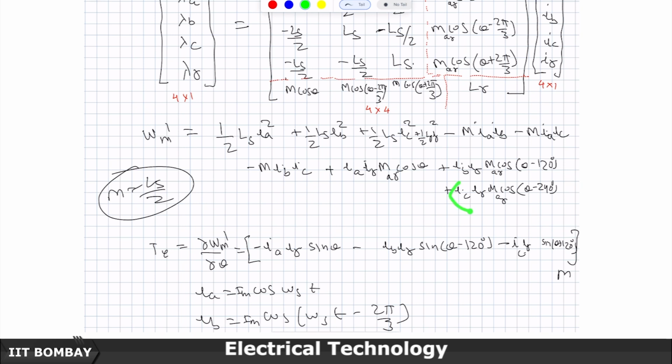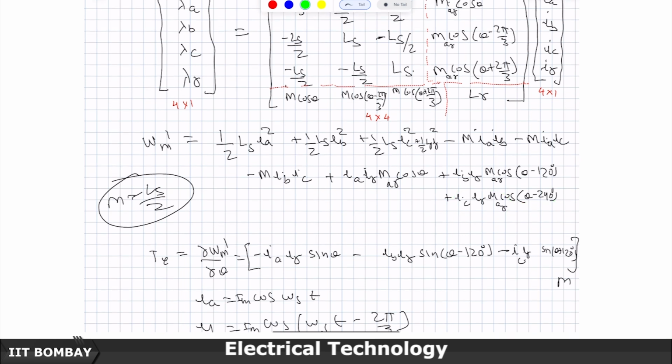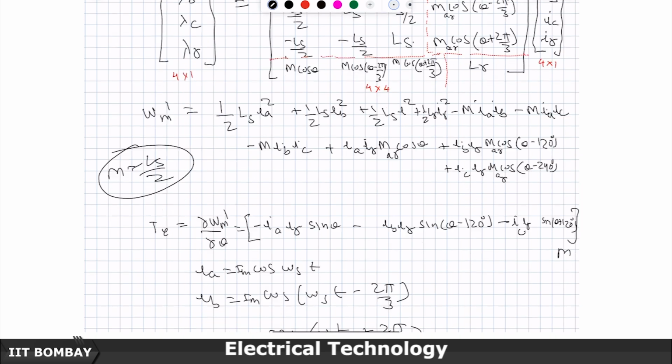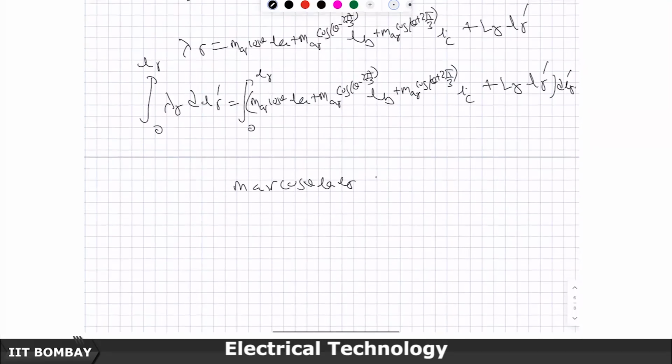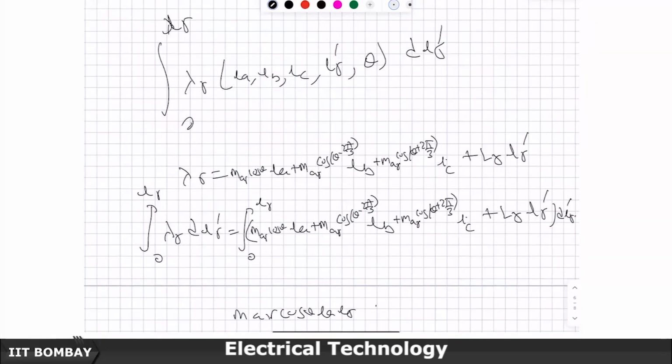And then IC IR MAR cos of theta plus 2 pi by 3, and its own term related to the self inductance, which is half of LR IR square. This also you can see here.